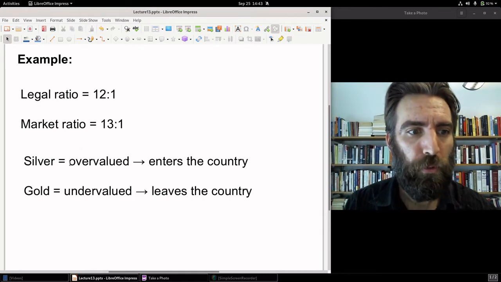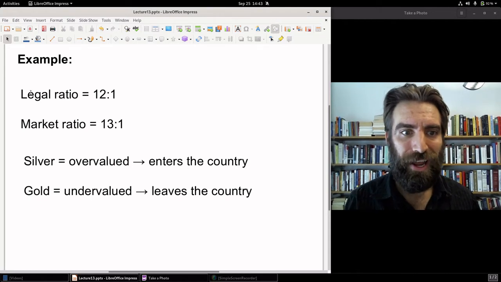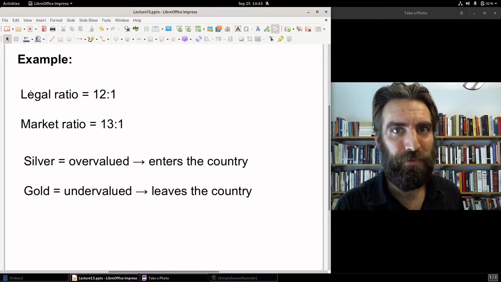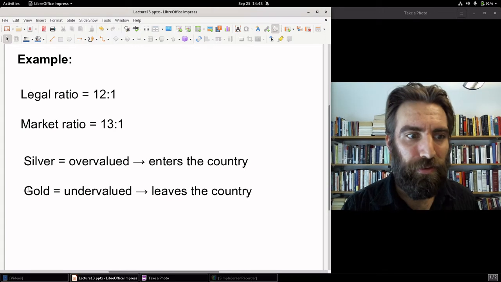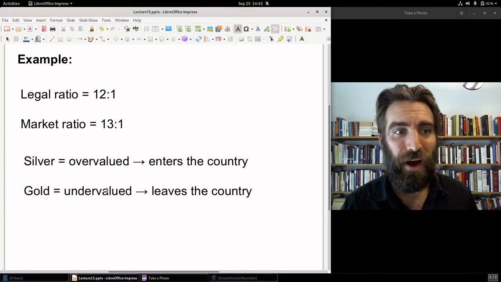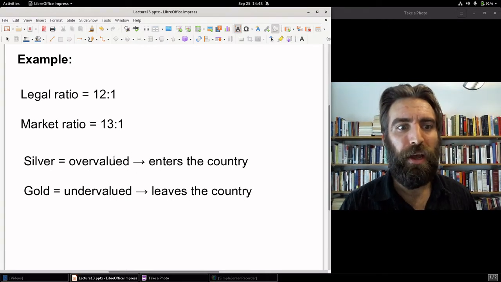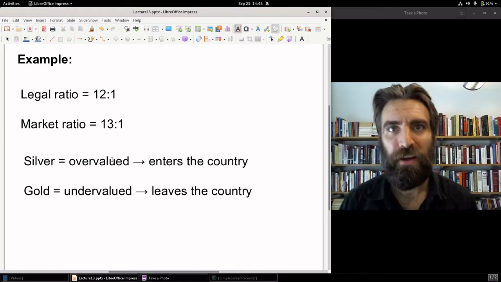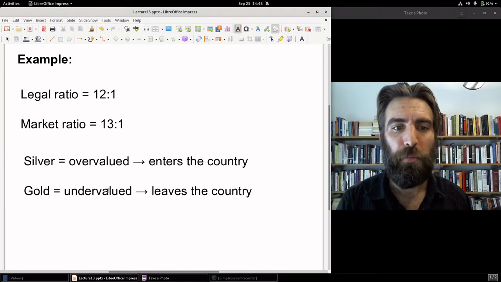Well, what's wrong with it in this particular country is that it receives a higher value than it really ought to, and this money here receives a lower price than it really ought to, than its true value according to the marketplace. And so the bad money, the overvalued money, chases out the undervalued money, the good money, the truly good money.